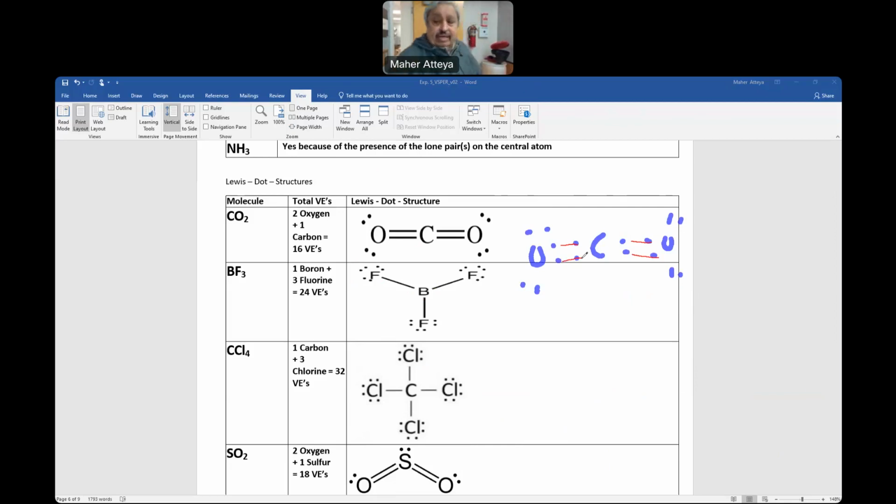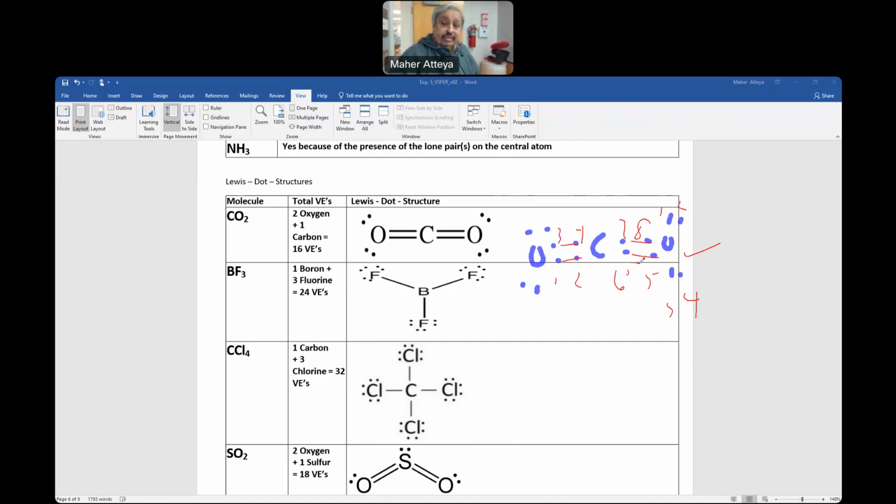If you look at oxygen, you count 1, 2, 3, 4, 5, 6, 7, 8. This one is obeying the octet rule. Good. How about carbon? Carbon is 1, 2, 3, 4, 5, 6, 7, 8.